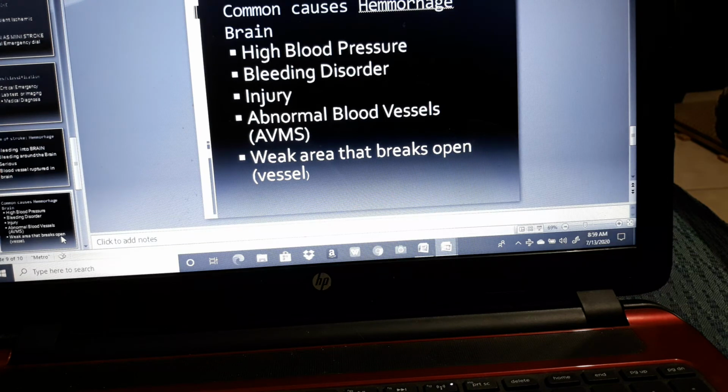Again, this is called the hemorrhagic type of stroke. These are just some typical causes that might intertwine with other things you need to know of what causes a hemorrhage to the brain.